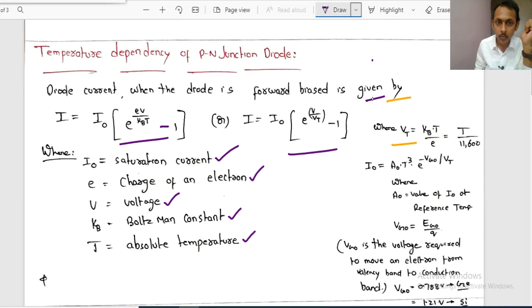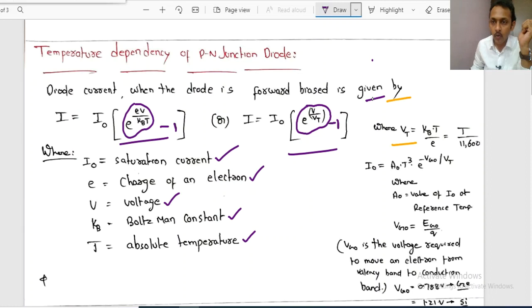The common mistake you may commit is to write this minus 1 in the exponent. This entire term, e power eV by kBT, is evaluated first, and then you subtract 1. It is not e power some x minus 1. That is the difference. Here also this minus 1 is for e power V by Vt. After calculating that value, from that you have to subtract 1.